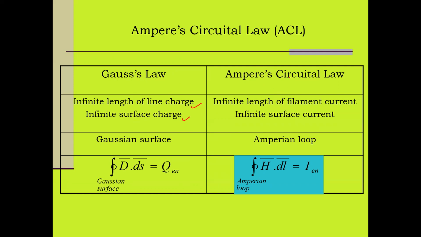And for the case of ACL, this is what we mean by the special case of current distribution, where we can apply the ACL if your current distribution is in terms of an infinite length structure of the filament current, or we can have the infinite area of the surface current. So these are the possible current distributions that can be used in calculating the H field intensity by applying the ACL technique.